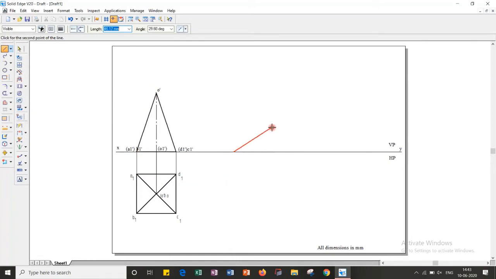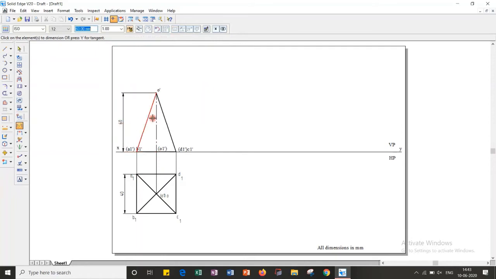This is 40 and this is 60. Base dimension is 40 mm and the base will be making an angle of 60 degree.